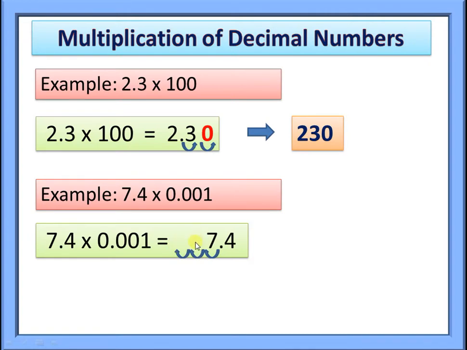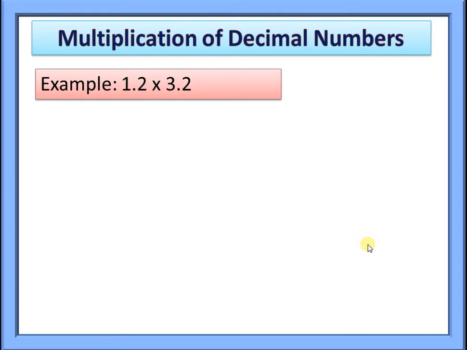Again, notice there are spaces here, meaning we should put 0, 2 spaces for 2 zeros. Again, the decimal will be placed here. This is where the arrow ends. So the answer will be 0.0074. Okay?